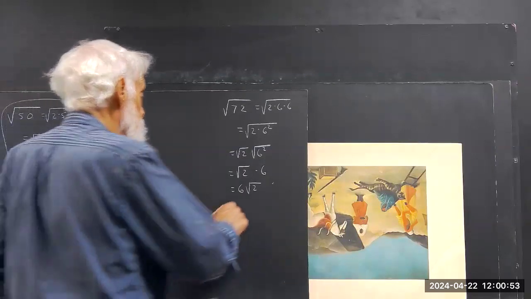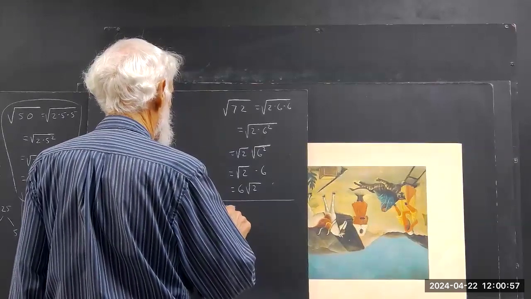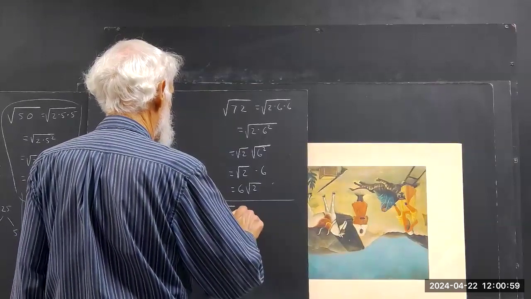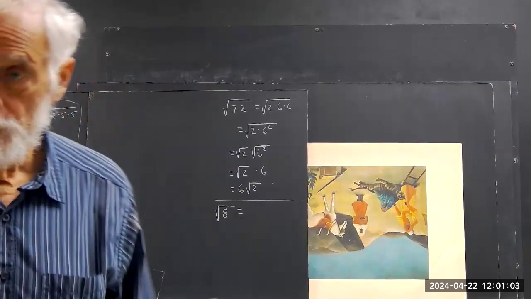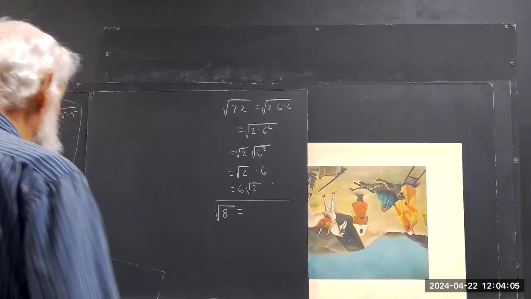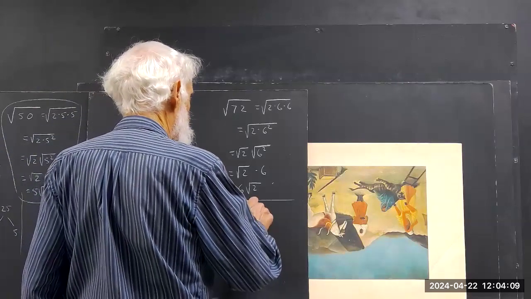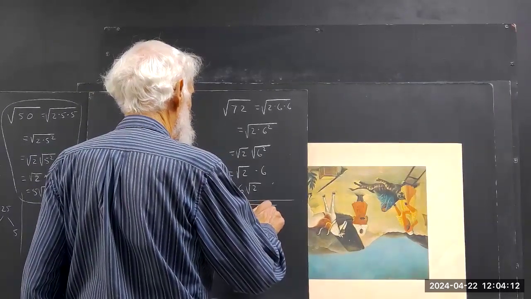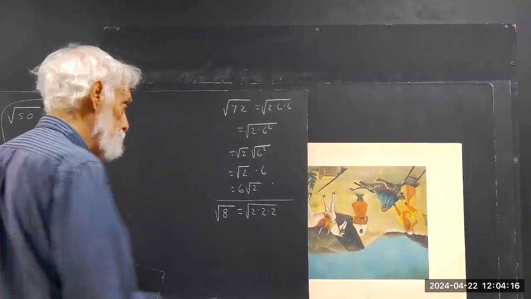Okay, try this one. Try the square root of 8. A little bit of twist here. Okay, now that was nicely done. The prime factorization of 8 is 2 times 2 times 2.